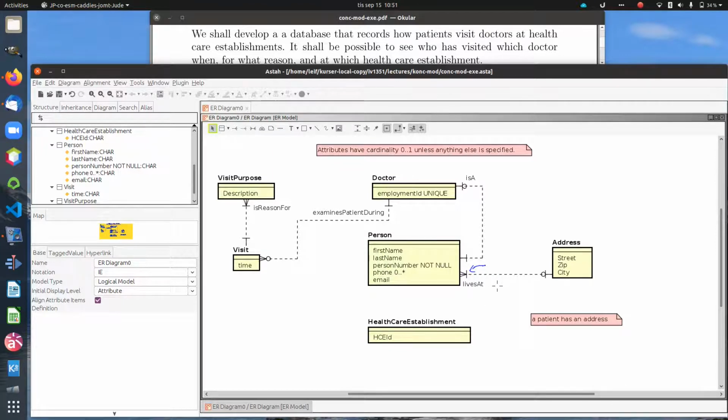So the thinking here is that when the last person living at a certain address is deleted from the database or is no longer a customer of the healthcare establishment, then that address should also be deleted. So we don't keep records of addresses where no one is living.